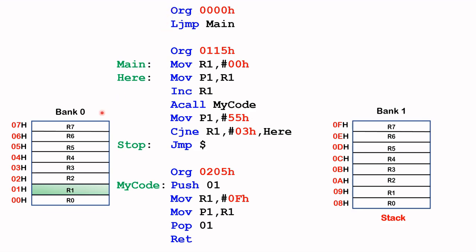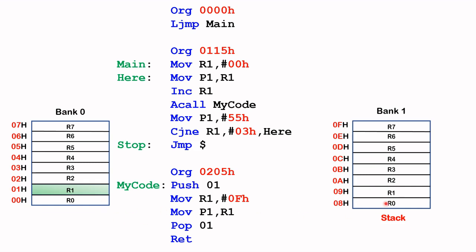Before I start, I'd like to just point out that I've included register bank 0 here on this side of the code, and on this side of the code I have also included register bank 1, and register bank 1 is the designated stack, and its location starts from 08H all the way to 0FH, and 08H is designated R0.